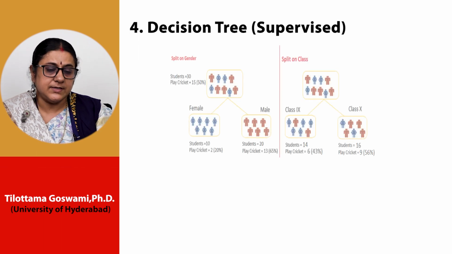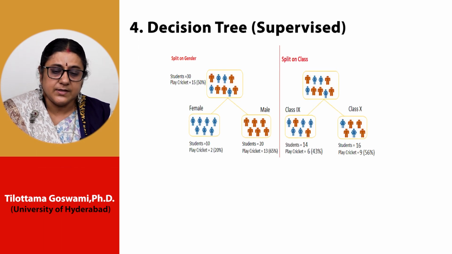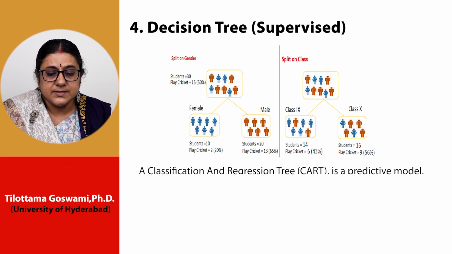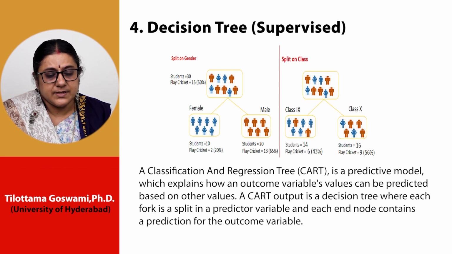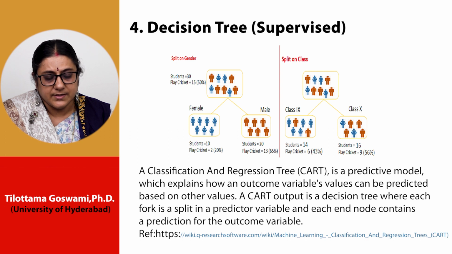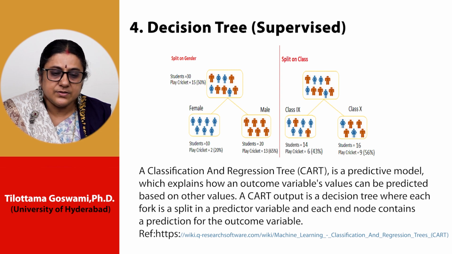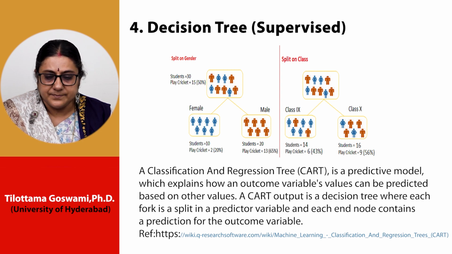Coming to another supervised algorithm, the decision tree, which is very popular. With a decision tree, outcome variables can be predicted, which can be categorical or numerical. If it is categorical, it is used for classification. If it is numerical, then it is used for regression.